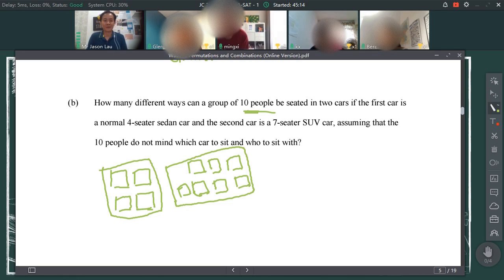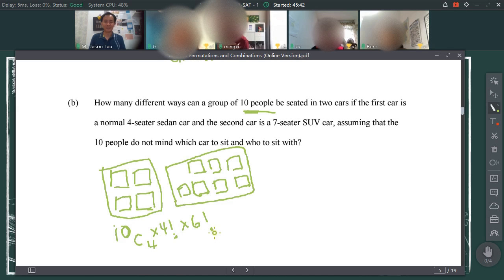The rest think about it also. 10 choose 4 times 4 factorial, then times 7 times 6 factorial.